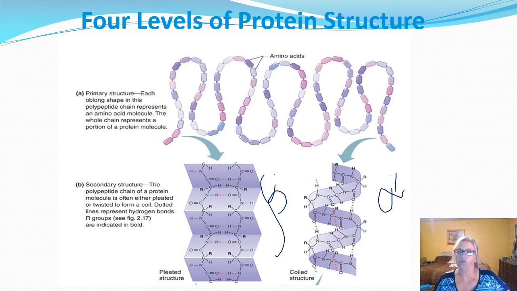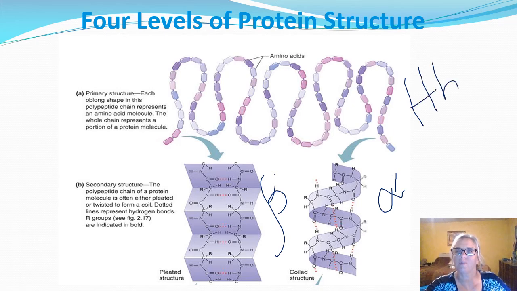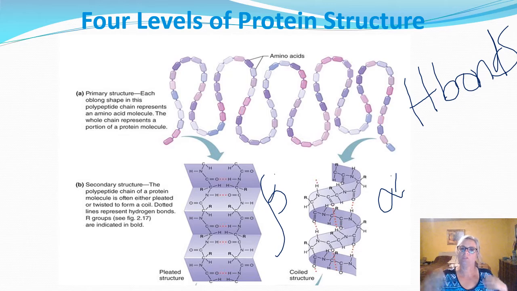This occurs due to those very important hydrogen bonds. Remember, I told you hydrogen bonds were important? And so you will have interactions between those functional groups on each of the amino acids that will cause bonding between those two amino acids, or three, or however many are involved in different places along this chain.